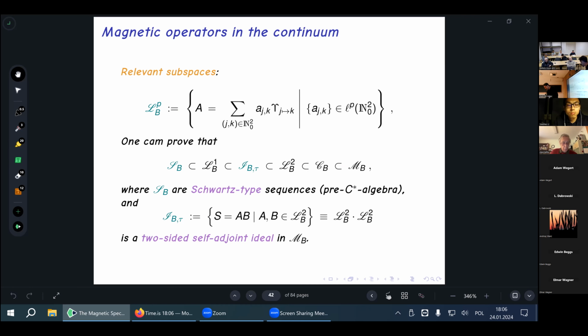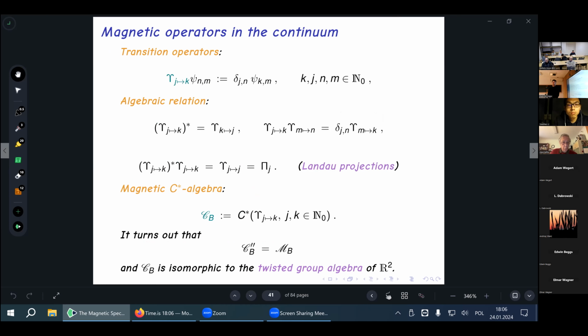Now let me say something. This C*-algebra is indeed just the regular representation of the group C*-algebra associated to R2 and twisted with the magnetic field. Just to give you the mystery, this operator, upsilon JK, is nothing more than the regular representation of the Laguerre function.